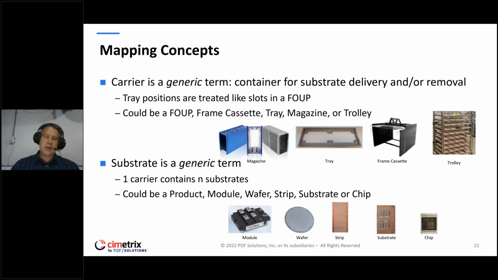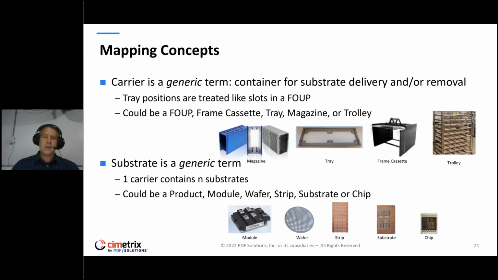And the term substrate is also generic, and it could mean a wafer, but it also could mean a chip for one equipment or a substrate or a module. I mean, it could mean different things for different equipment. So each equipment implementing these standards simply has to look at, what is the factory delivering to me, what kind of container, and what kind of a substrate am I using, and then the standards can be applied.